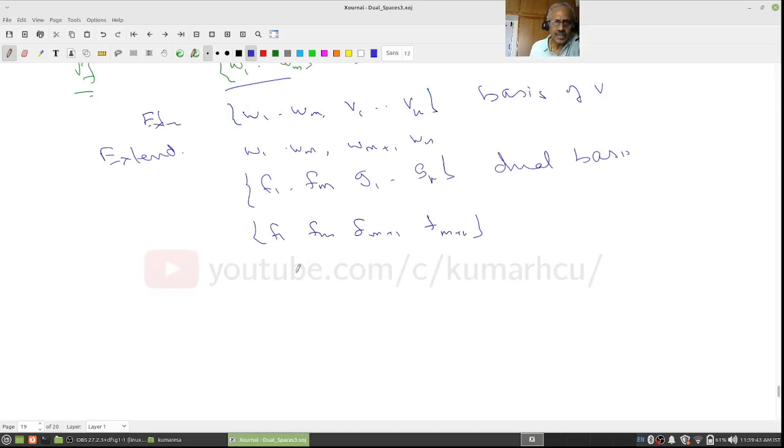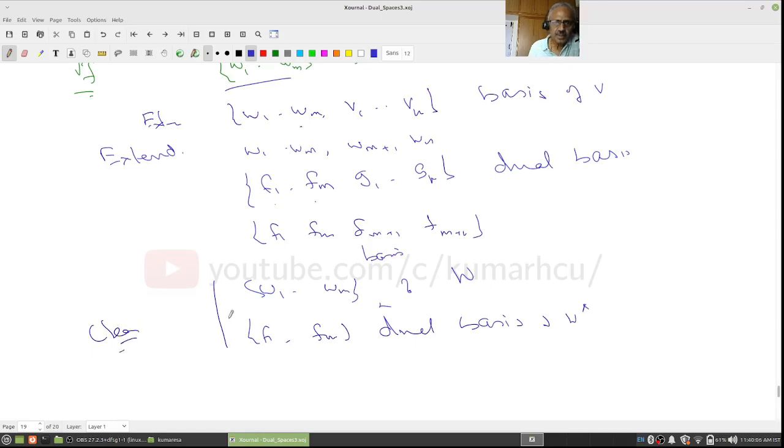Now what I want to claim is, notice that W1 to Wm is a basis of W, and F1 to Fm is the dual basis. Okay, this is clear. Therefore what I expect is that G1 to Gk must be a basis for W perp.